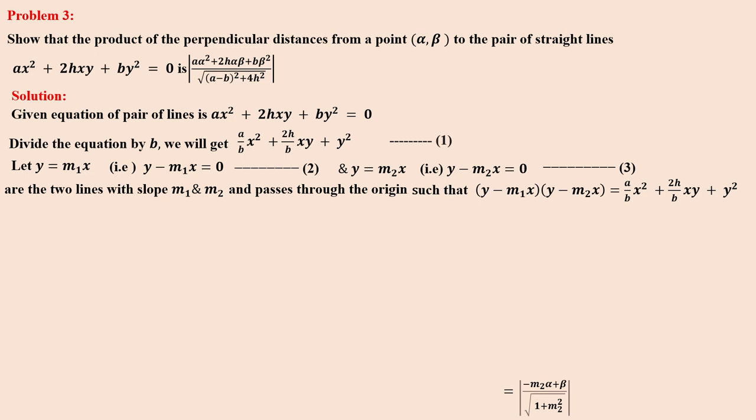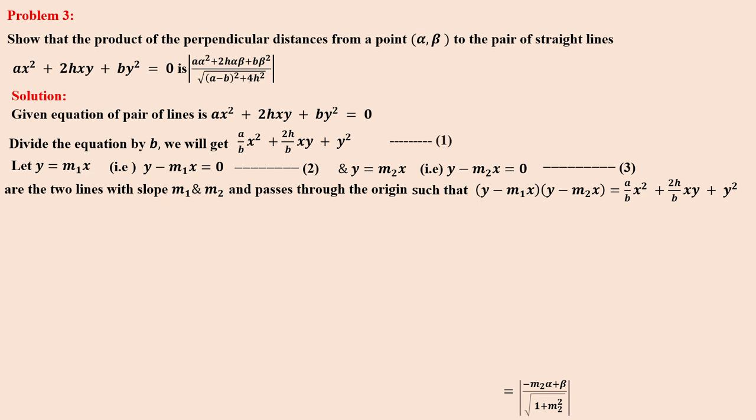That means the combination of two individual straight lines gives the pair of lines. So ax² + 2hxy + by² = 0 represents a pair of lines, and we take those two lines' equations as y − m1x = 0 and y − m2x = 0.